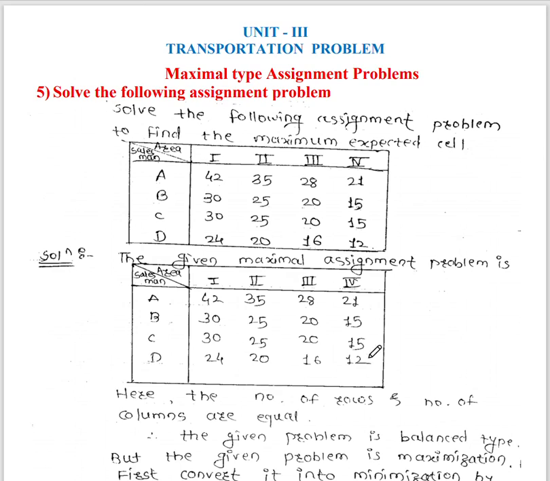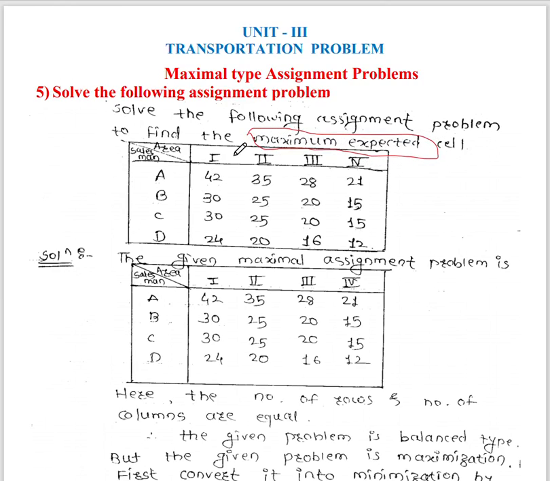So we will see problem number 5. Solve the following assignment problem to find a maximum expected sale. Here the word is maximum expected sale. That means we can say that this is a maximal type assignment problem.